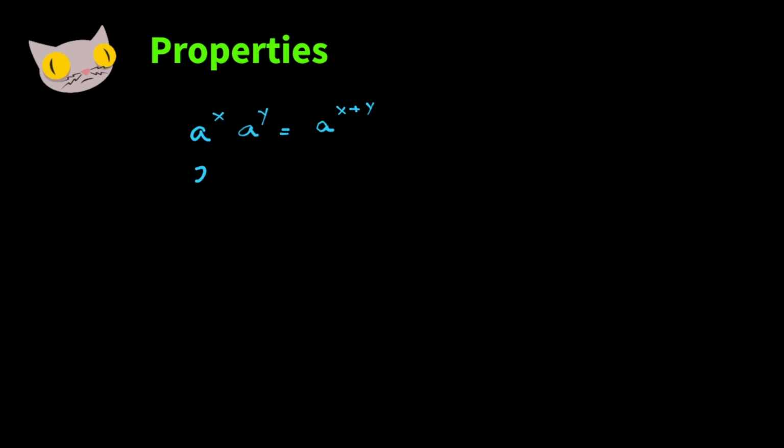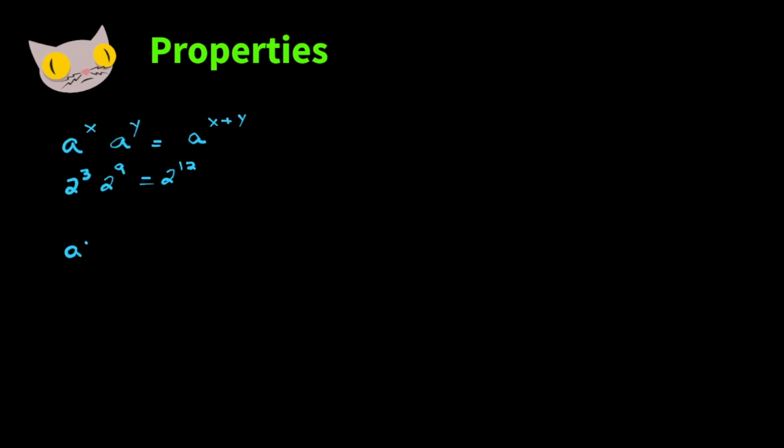So say we have 2 to the 3rd power times 2 to the 9th power, we would get 2 to the 12th power. If we had, say, a to the x power, and this whole value was raised to the y power, this can be simplified to a to the x times y power. For example, if we had 2 to the 3rd power, and that was all raised to the 2nd power, this would be equal to 2 to the 6th power.